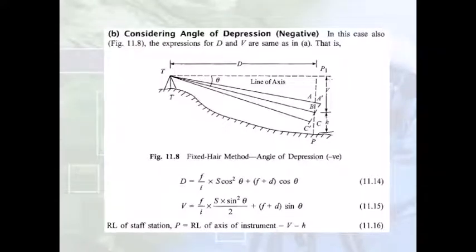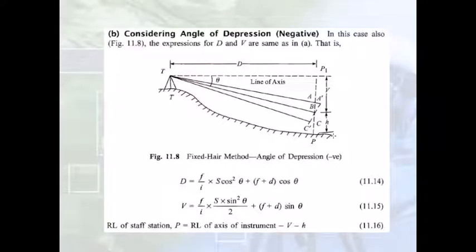So in order to calculate that, from the reduced level of the height of instrument, you subtract this vertical distance v, and then you subtract the foresight in the inclined case, which is the middle hair reading. So reduced level of the axis of instrument minus v minus h, you get the reduced level of this point p.